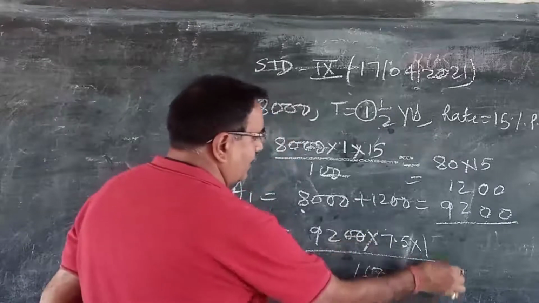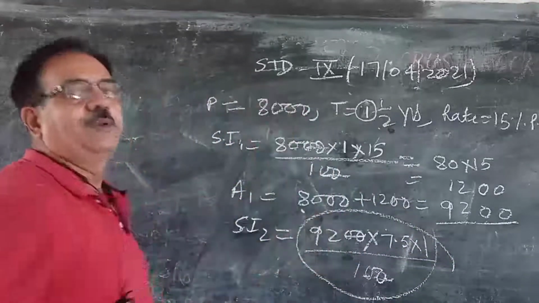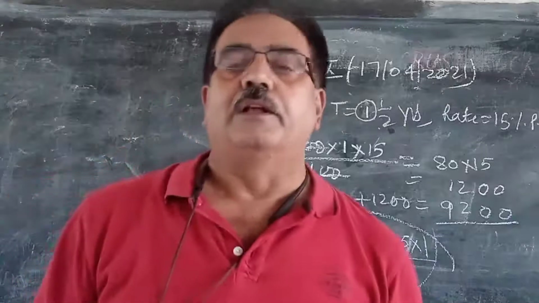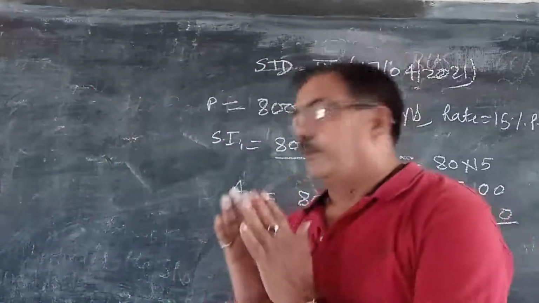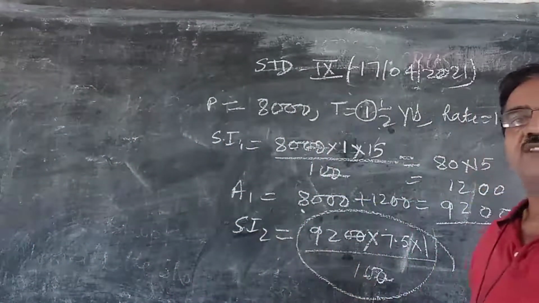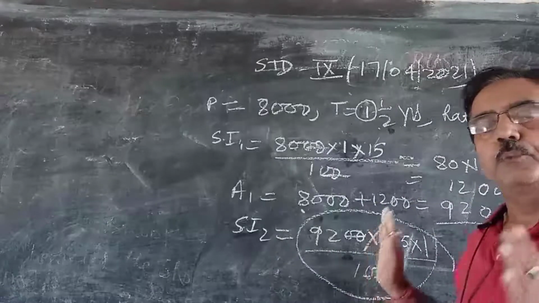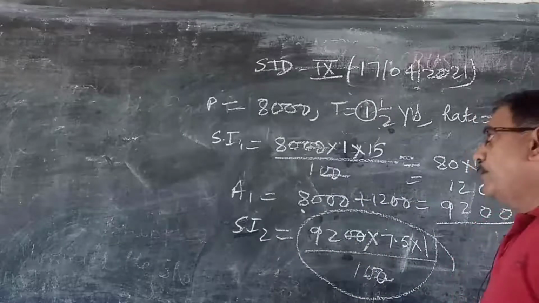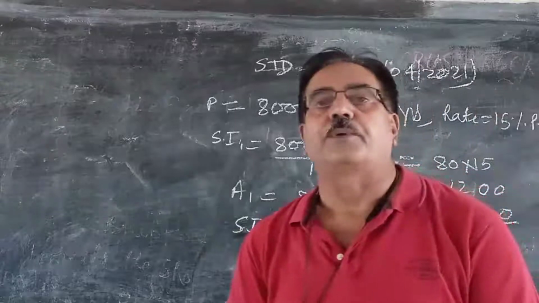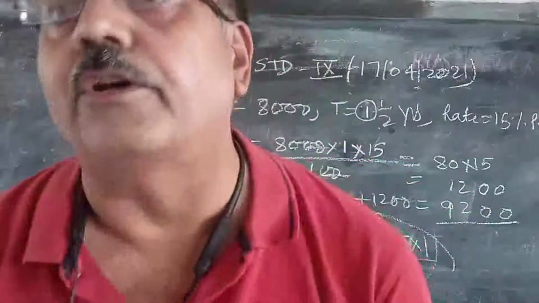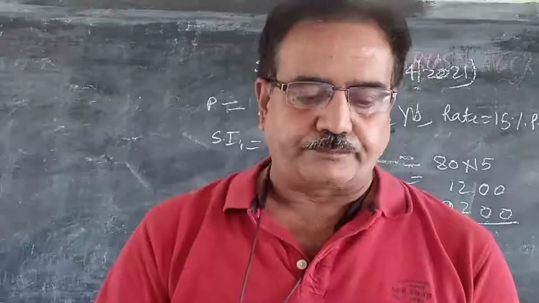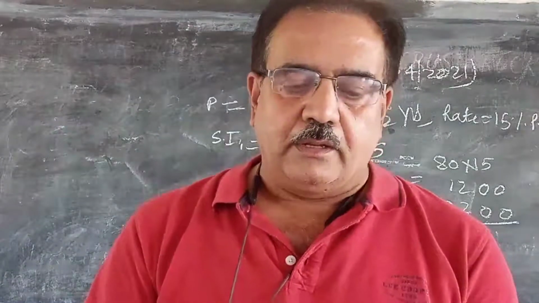We will calculate this one. This will give the interest of the second half. Then we will find out the amount of the second half. Then to find the compound interest, final amount minus initial principal, we will get the compound interest.